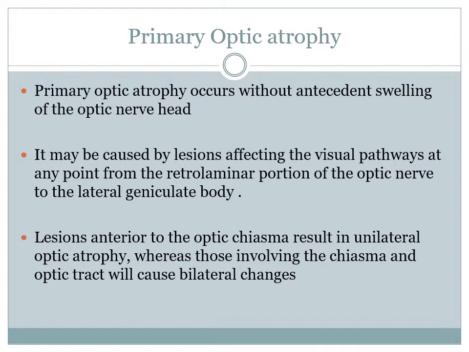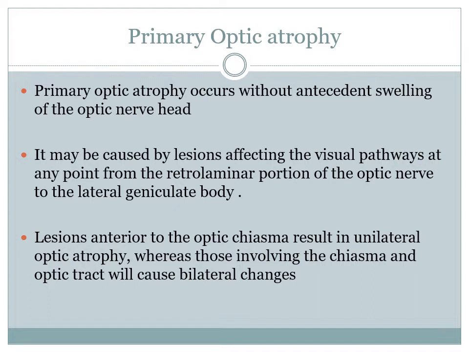Now, this is caused by lesions affecting the pathway at any point from the retrolaminar portion of the optic nerve, beyond the lamina cribrosa, to the lateral geniculate body. Such a lesion will not produce initial papilledema or papillitis, but will ultimately cause primary optic atrophy.